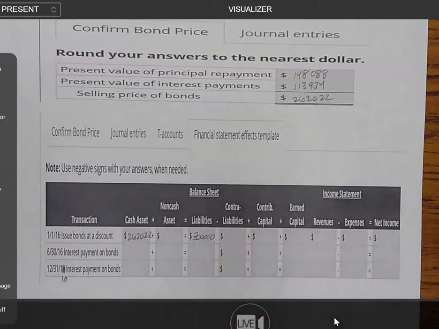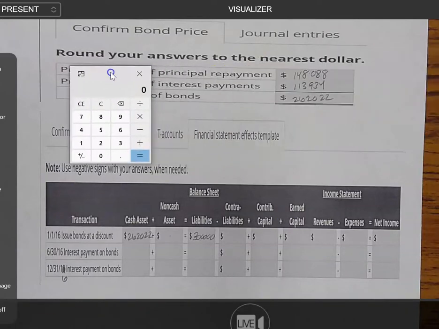Contra liabilities. So now let's see what I do here. Pull the calculator over here right quick. Our liability is $300,000, and we're going to subtract the amount of cash that we received, or the initial carrying amount.